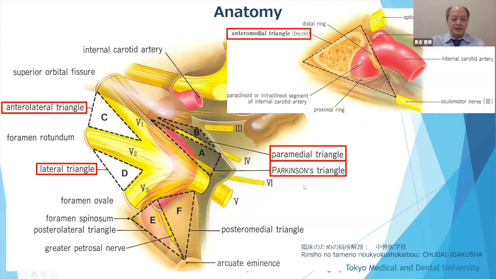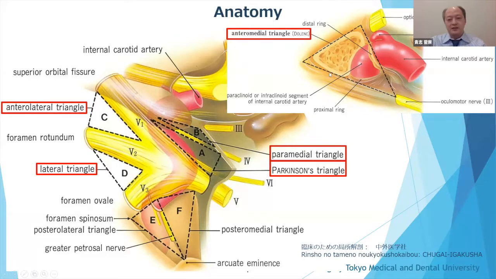These are the ones we frequently use, like the paramedial triangle or Parkinson's triangle, and the lateral and anterolateral triangles. These two are usually very safe windows, but sometimes the sixth nerve comes down here, so we have to take care of this pathological anatomy.